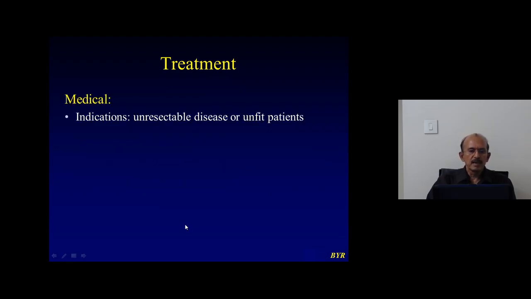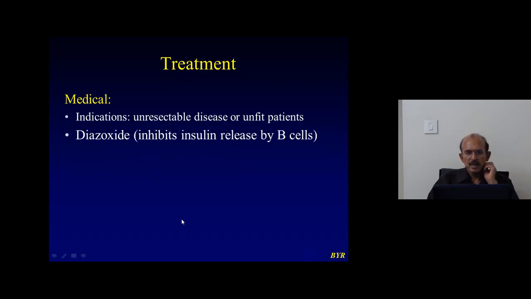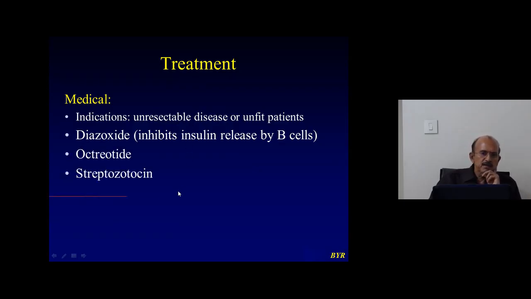Medical treatment indications: unresectable disease or unfit patients. Treatment is with diazoxide, which inhibits insulin release by beta cells, octreotide, and streptozotocin. So these will be helpful as the medical line of management.